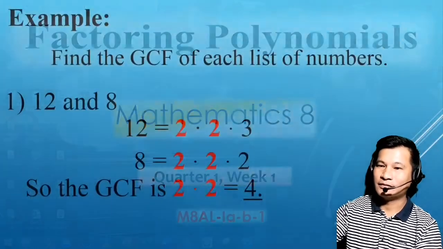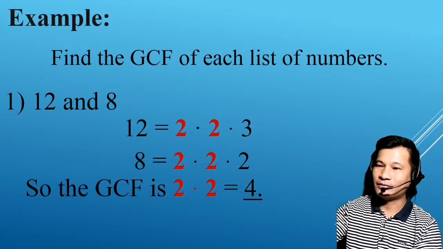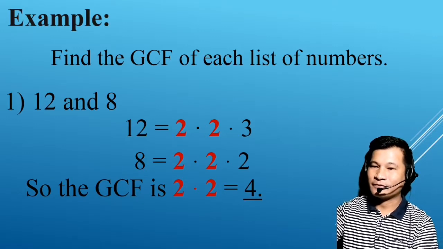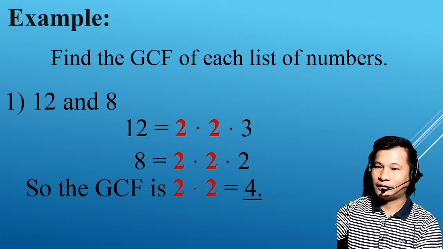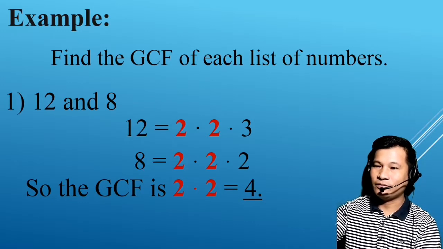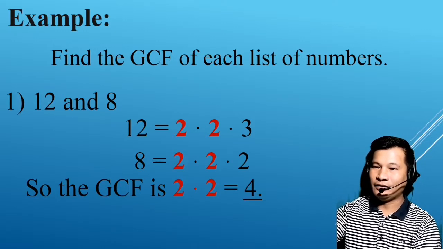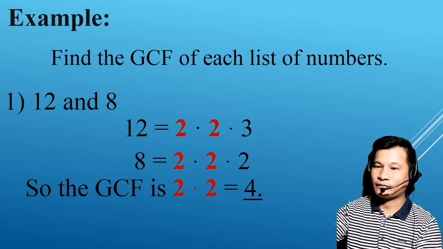For example, find the GCF of each list of numbers. Number 1, 12 and 8. So the factors of 12 are 2 times 2 times 3, and factors of 8 are 2 times 2 times 2.